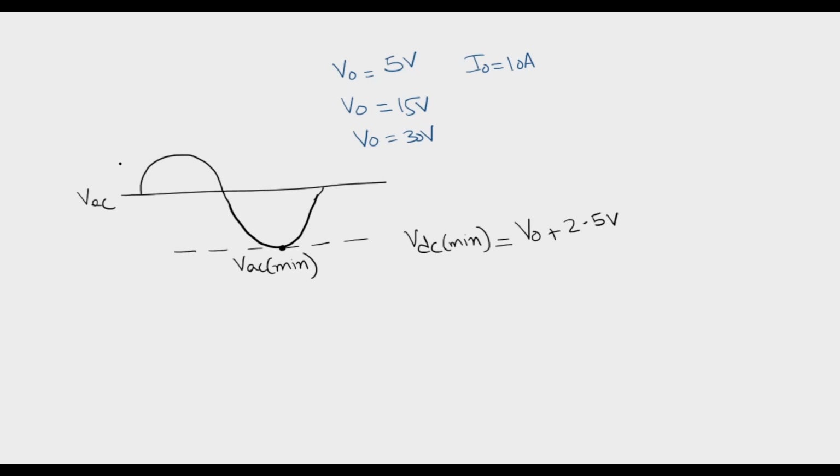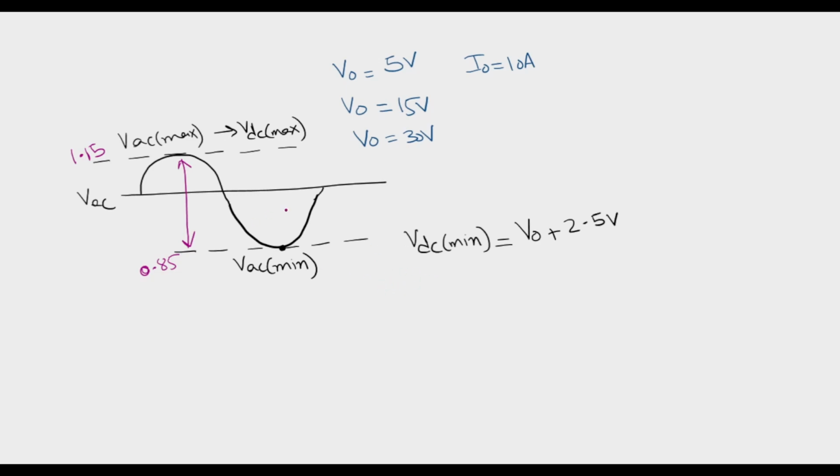This means that the DC voltage, when the AC input is at its maximum, VAC max, would lead to a VDC max much higher than this VDC minimum. So let's assume that the tolerance in the AC input is plus minus 15%. So this value is 1.15 and this is 0.85.